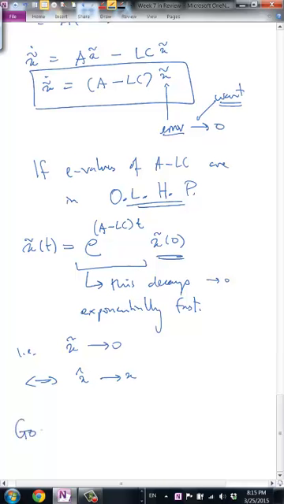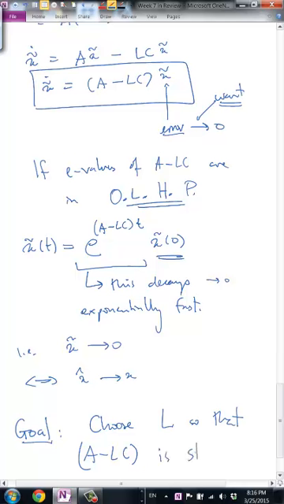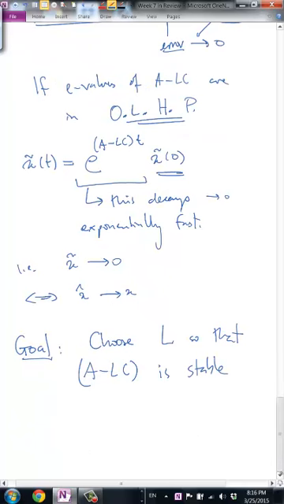Okay, so we've reduced this to something very familiar. Our goal now becomes: choose L so that A minus LC has eigenvalues in the left-half plane, or another way to say it is, choose L so that A minus LC is stable.